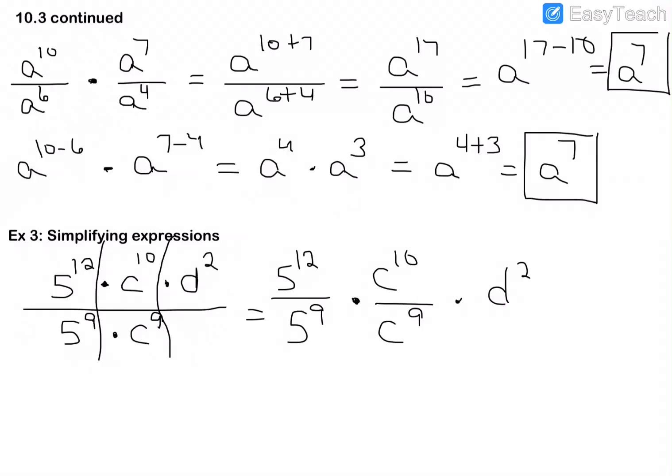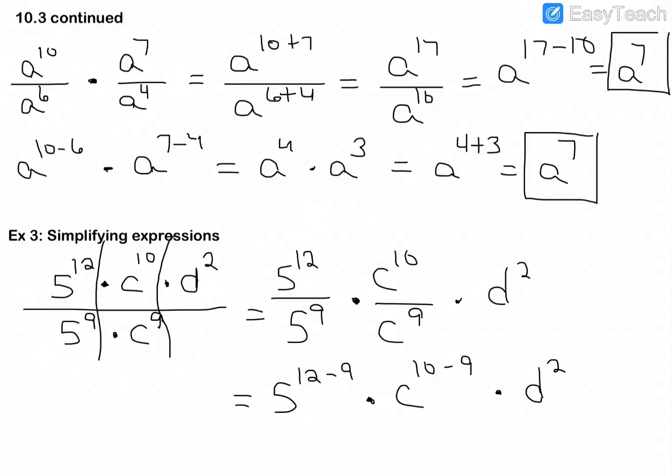So now I can go ahead and solve. 5 to the power of 12 divided by 5 to the power of 9 is 5 to the power of 12 minus 9. C to the power of 10 divided by c to the power of 9 is c to the power of 10 minus 9 times d squared. Okay, still going.